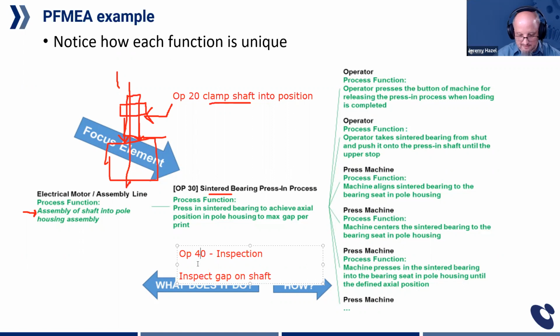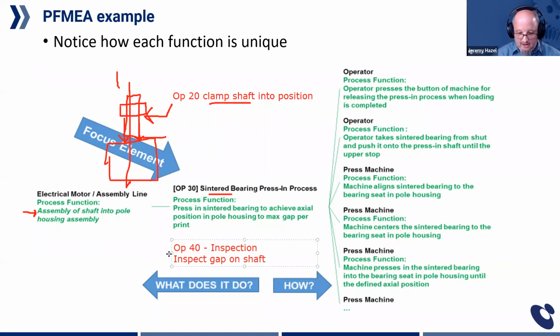That is its function. Now, let's add one more. Let's go to op 50 now. And in op 50, op 50 is going to assemble shaft or press shaft to housing.